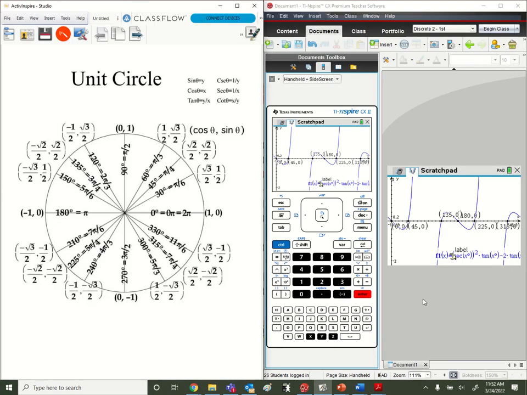And let's see, so we said it was 0. That's 0 pi, very good. 45 is pi over 4. 135, 3 pi over 4. 180 is pi. 225 is 5 pi over 4. 315 is 7 pi over 4. There we go. Yes, so I was correct.